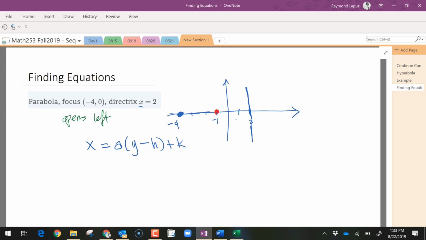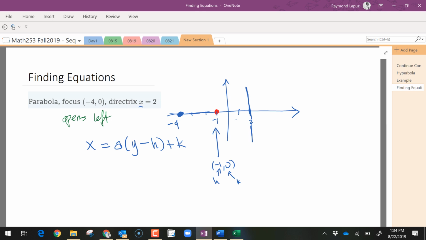And then a will tell you how wide it's opening up. At least we know that since it's opening to the left, a is going to be negative, right? So we can already say that your point here is minus 1 comma 0. So we actually have h and k identified already.